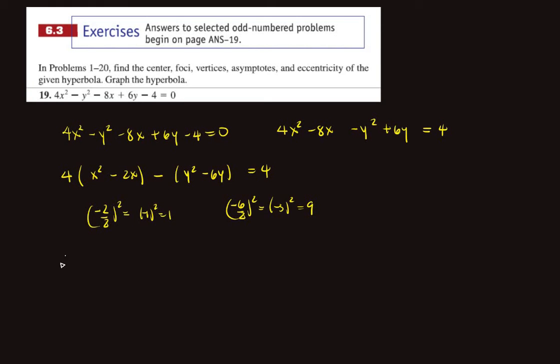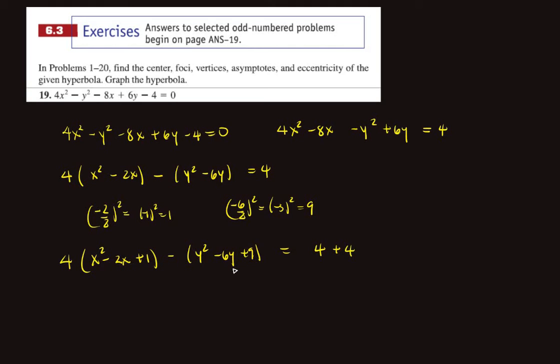So it's going to look like this: 4 times x squared minus 2x plus 1, minus y squared minus 6y plus 9, is going to be equal to 4. And how much are we going to add here? Well, it's going to be 1 times 4, so plus 4. And what about this one?